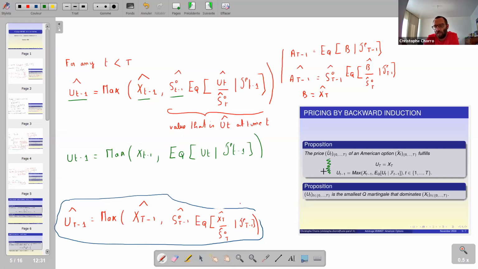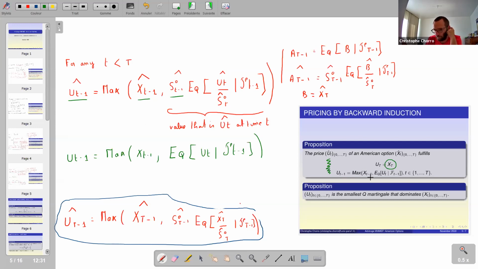I'll do an example in a few minutes here in the case of the binomial model. The price of an American option can be obtained starting from the end because, okay, you know what this quantity is. This quantity is known here. It's the payoff at capital T. And so you have the price at capital T, and in order to obtain the price at times before capital T, then you use, from the end until T minus 1, this recursive formulation here.